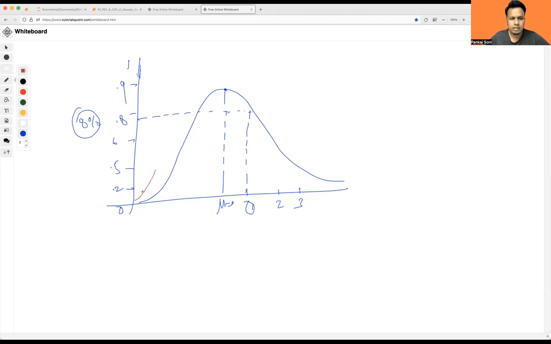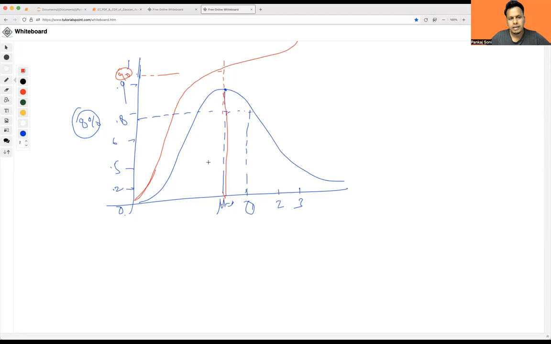That cumulative density function is nothing but the area under the curve. So let's say I talk about mu equal to 0, and here, let's say the value is 90%. Just assume that I got the curve here. So 90% of values fall between 0 and some value of mu.